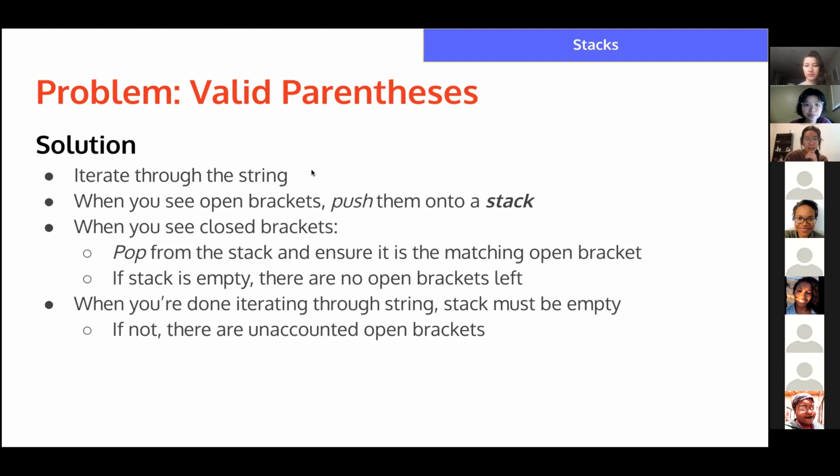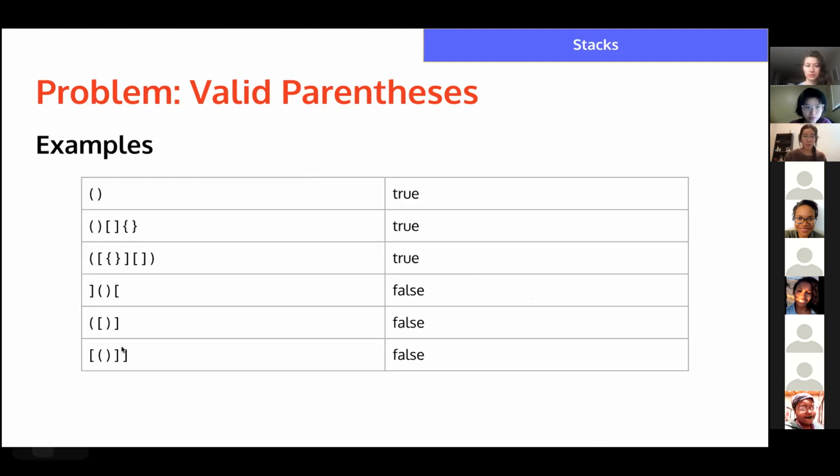So the last case in the false examples, if we were using a stack here, we would see first this opening square bracket. We'd push onto the stack a square bracket. Then we see another opening round bracket. We push onto the stack that round bracket. Then we see a closing bracket.